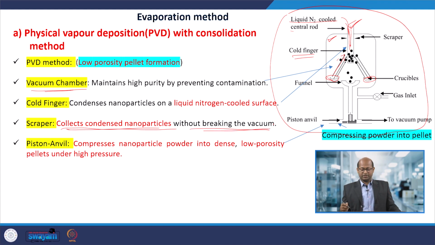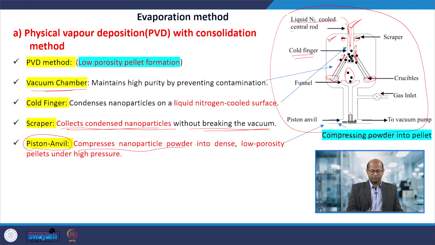One scraper is there. This scraper goes up and down, and in that way whatever nanomaterials are deposited over this surface are taken out and collected here. At the bottom there is a piston anvil cell.